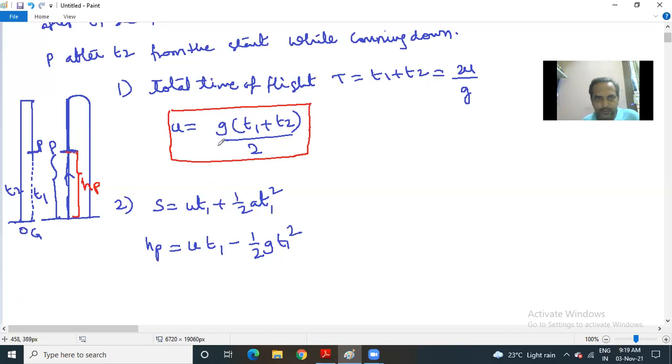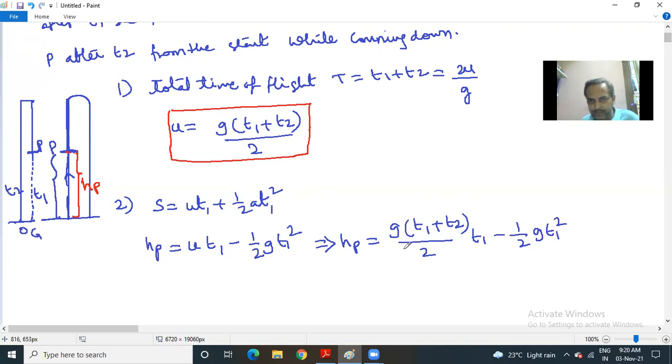Now you substitute the u expression here. So you will get height of point P is equal to, in place of u, g times (t1 plus t2) whole divided by 2, multiplied with t1, minus half g t1 square.